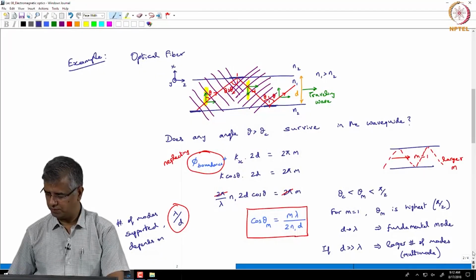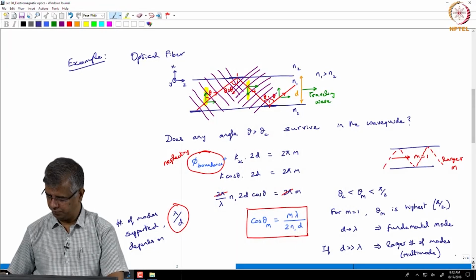So we were talking about different modes, and of course this is a very simplistic picture just to show how different modes essentially take different angles. If you just go back to the ray picture, which is probably easier for some of you to understand, it takes different angles, and so we came up with what should be that angle for a given mode, right?